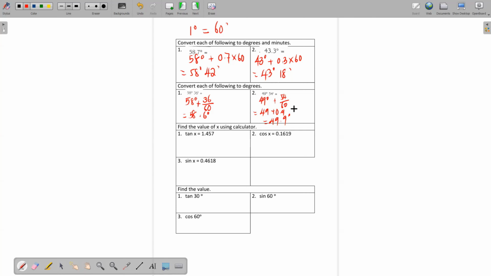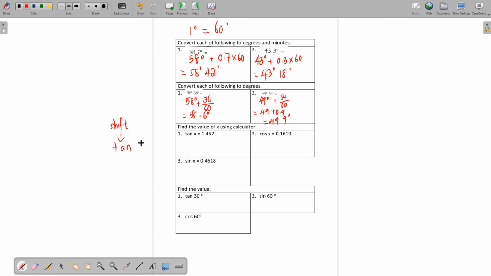What if they ask you to find the angle using a calculator? In your scientific calculator, how do we key in? You press shift first, then you press, for example, the first one, then we press tangent.